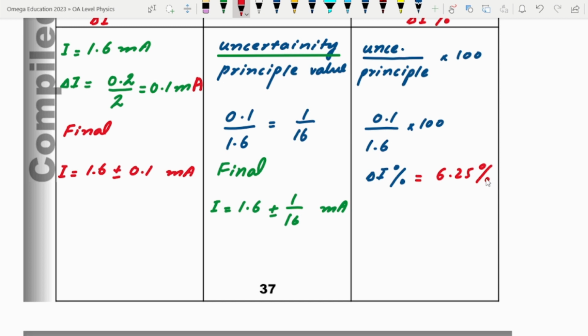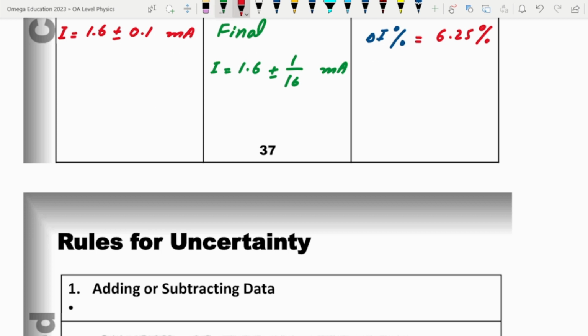How do you write the final answer? The final answer would be written as I equals principal value plus minus the percentage uncertainty followed by the unit. Like I said, there are certain rules for writing the uncertainty with the principal value.